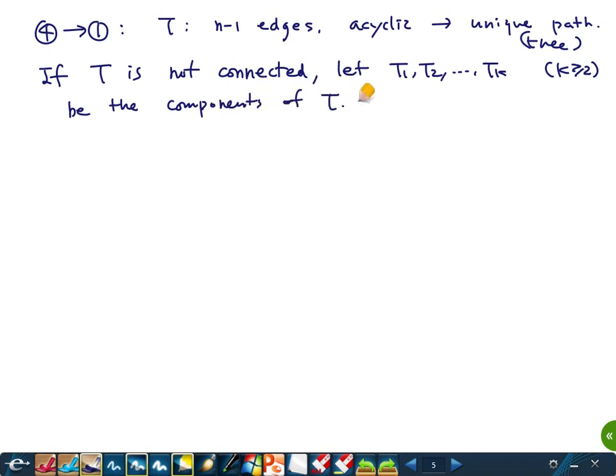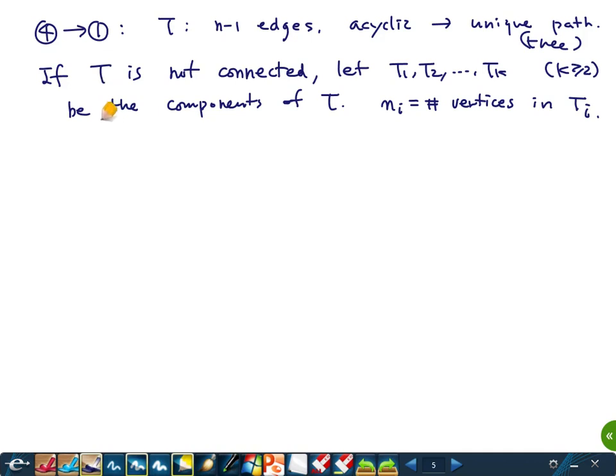So T has a bunch of connected subgraphs, and they're not connected to each other. And let's say ni is the number of vertices in Ti, each component. Then T is acyclic, so each component must be acyclic, right?